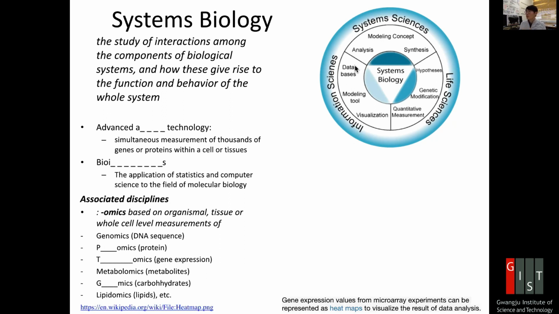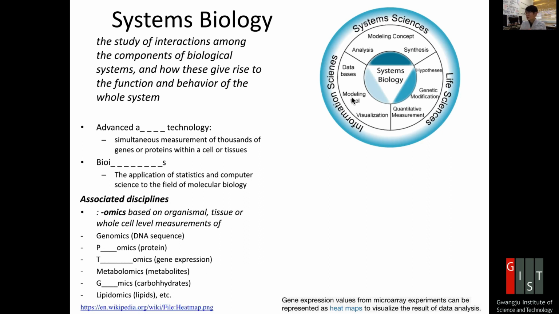So now we are building a lot of databases, and to study those databases, we need to build a model. So we need a modeling tool, and instead of one, two, or a few, we are dealing with hundreds and thousands of data points. So we need to come up with a better way to visualize the results.